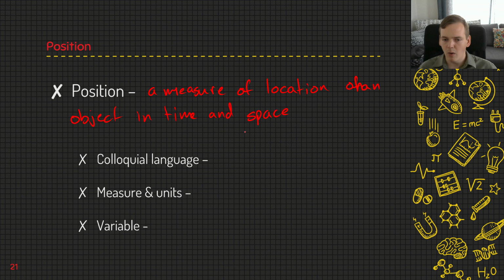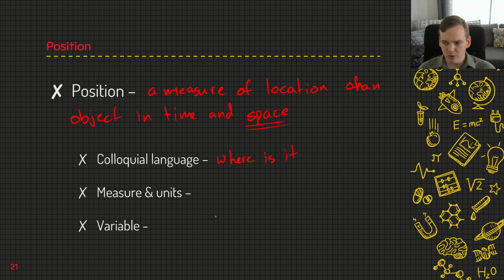Typically, for most of this unit and for most of this year, we'll just focus on the space part. So in colloquial language, where is it? That's what we're answering.